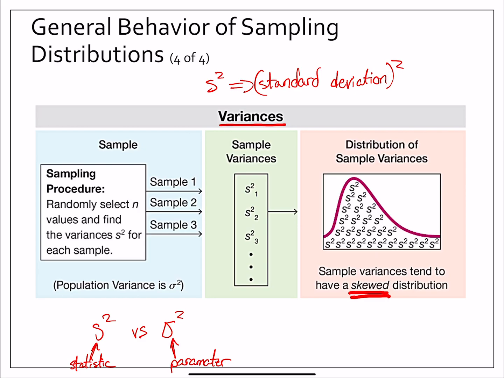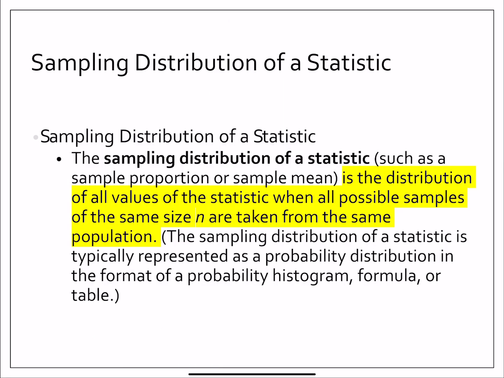Did I spell it right? Yeah, parameter, right? So again, we're trying to take our statistics and use them to estimate our parameters, right? And to get the best estimate, we try it over and over and over again, and we average those things out to get our best estimate.